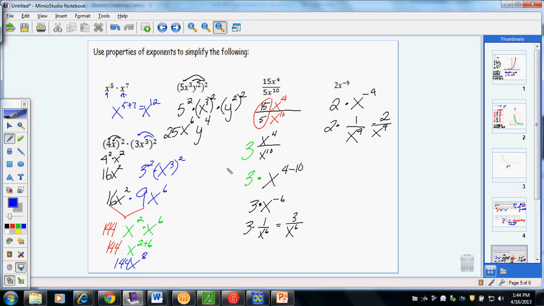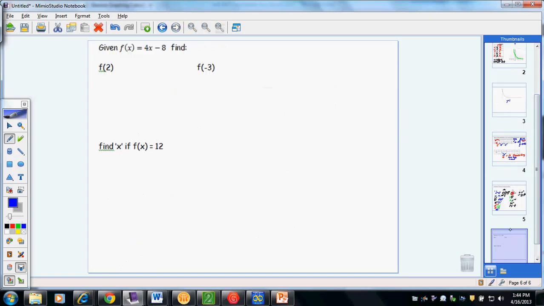All right. And the last exercise here is just simple evaluating of a function when we're given specific x values. So if f of x equals 4x minus 8, because we replaced the x with a 2 here, we will replace it in the equation wherever we see an x. And so we're left with 8 minus 8, which equals 0.